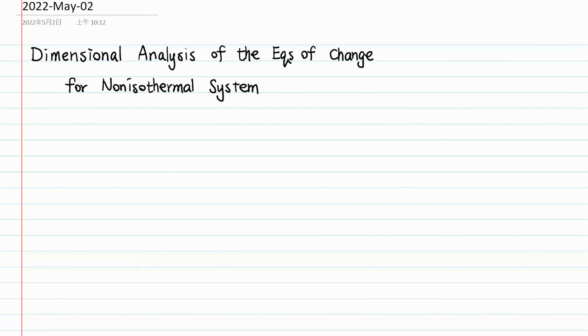Let's first look at the dimensional analysis for non-isothermal systems. And to simplify our discussion, let's make some restrictions to the properties of the fluid.